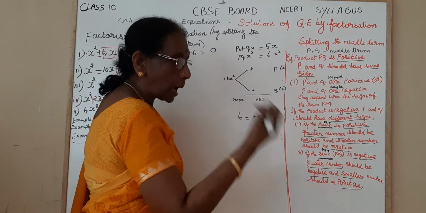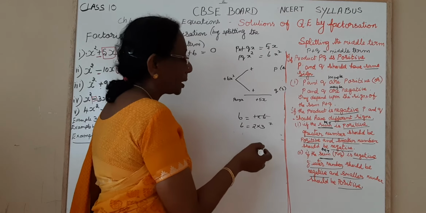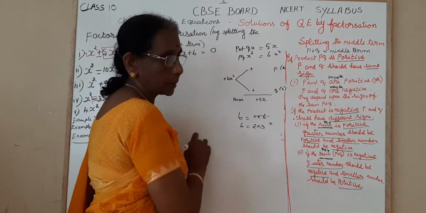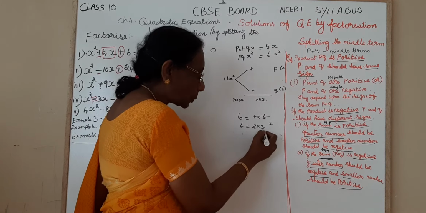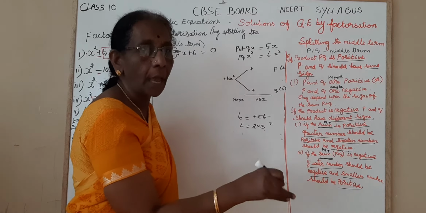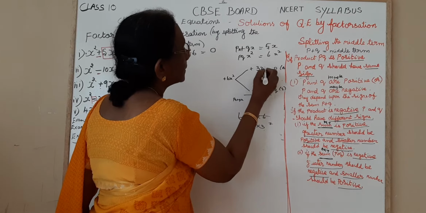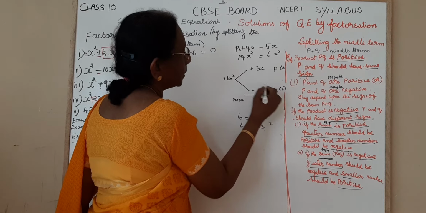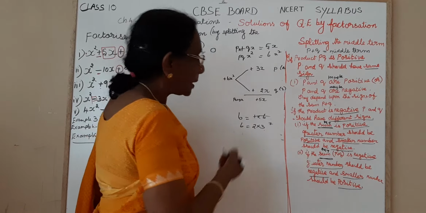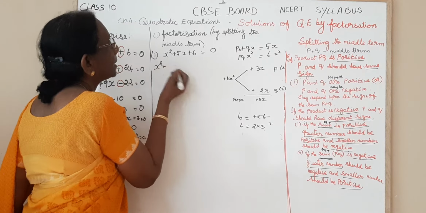So you move to the other factors. 2 into 3 is also 6. Now add 2 plus 3, 5. Yes, we got the values of P and Q. So this is 3x and this is 2x. Is it clear?